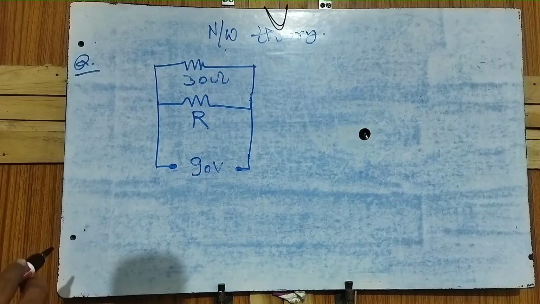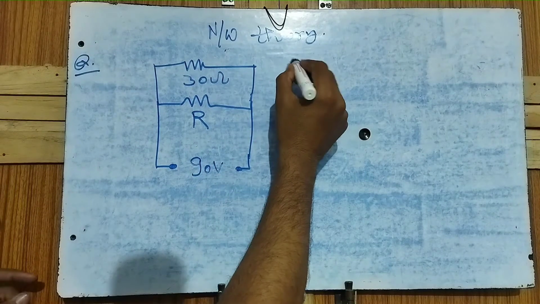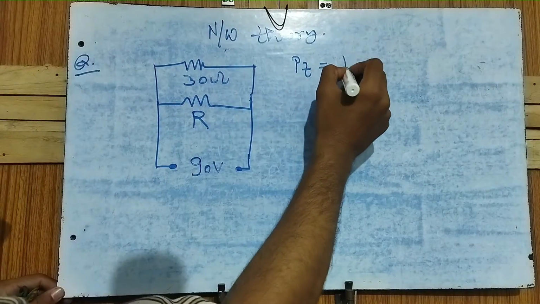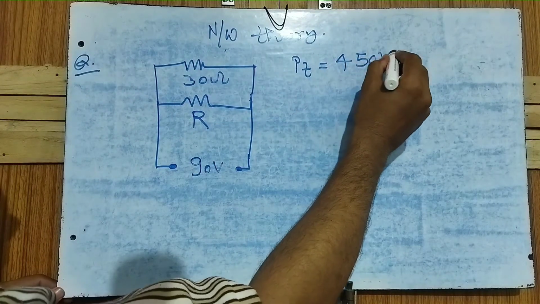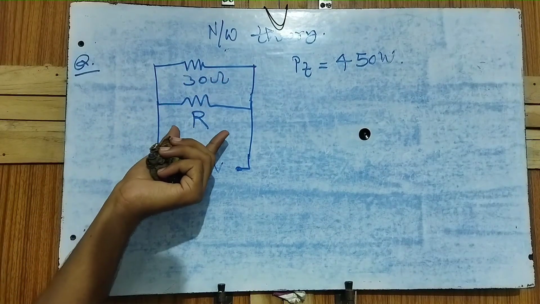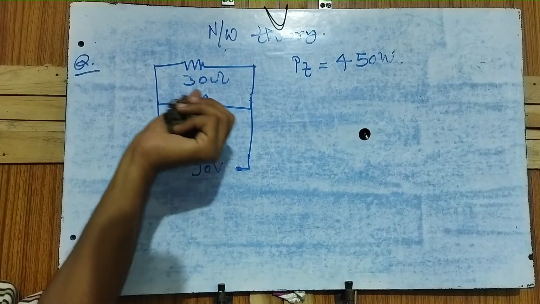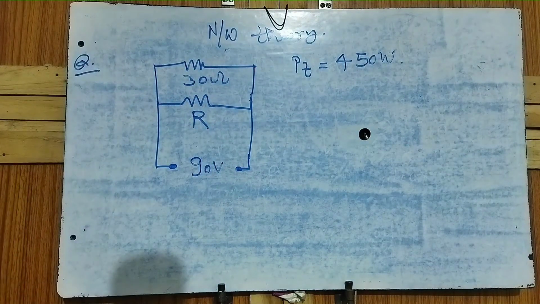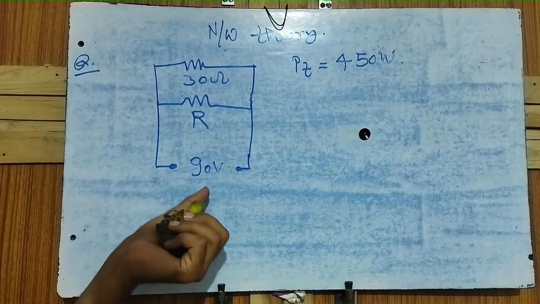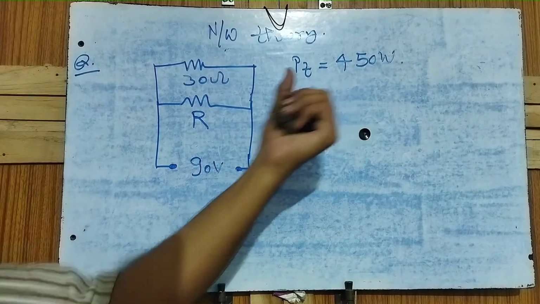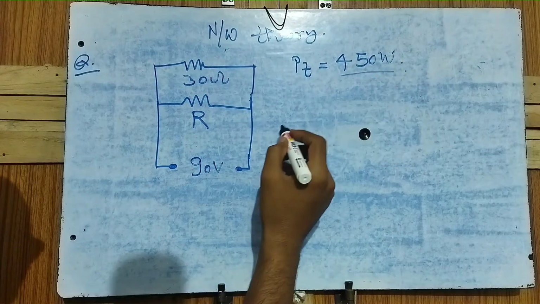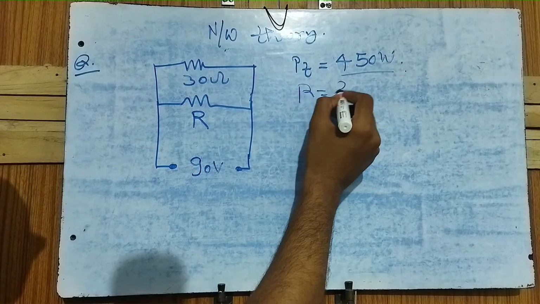If the total power dissipated by this circuit is 450 watt, a 30 ohm resistance is connected in parallel with an unknown resistance R, and the terminals of both resistances are connected to a 90 volt battery, and the total power dissipated by the circuit is 450 watt. And what is the value of R?